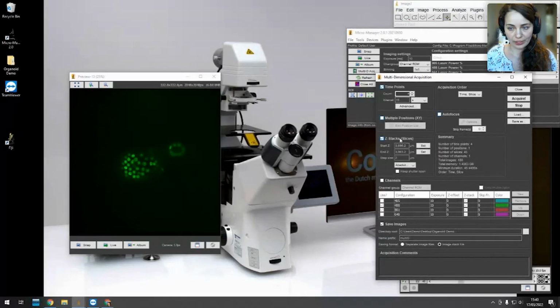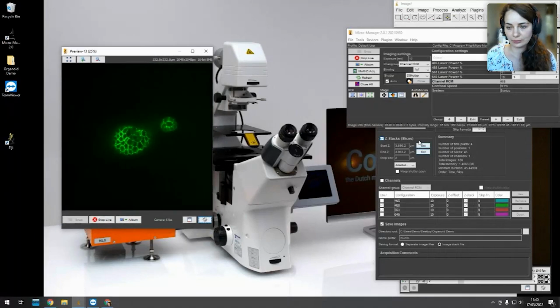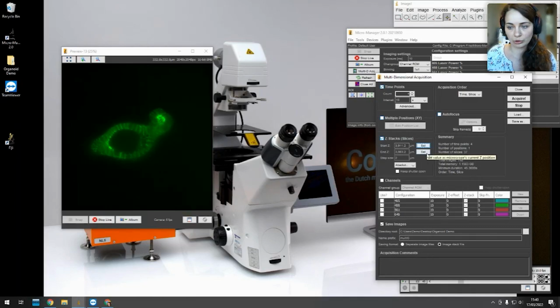And now what we are going to do is Z-stack imaging. For that, I will go live and then set the bottom and top position of the organoid that I want to capture. I'm going down, so this will be my bottom position.